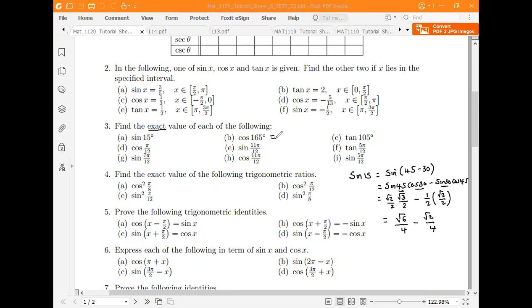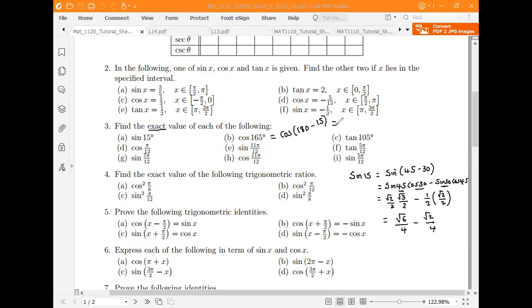It should be in the region of 180 minus 15.